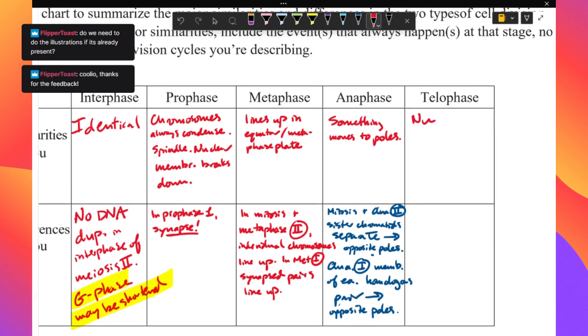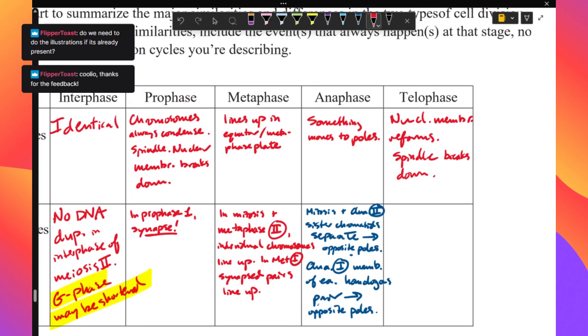Finally, in telophase of all of these, the nuclear membrane reforms, the nuclear envelope. And the spindle, which is all of these microtubules responsible for the structure of this division, breaks down. What's different between them?